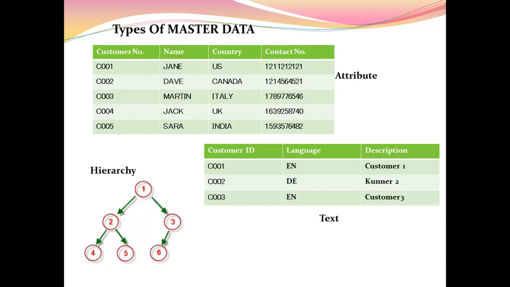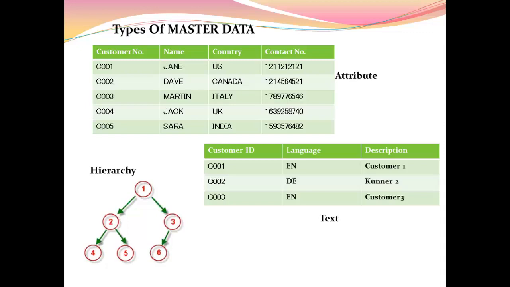So for our customer C1, who has his login language as EN, it would provide the description in English. So over here it is customer 1, whereas our customer 2 is logging in and he is German, so the code for German is DE and its description would be in German. This is Kunde 2. So it would respectively translate the objects as per the language.